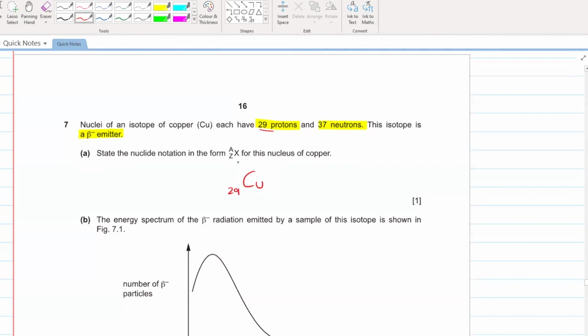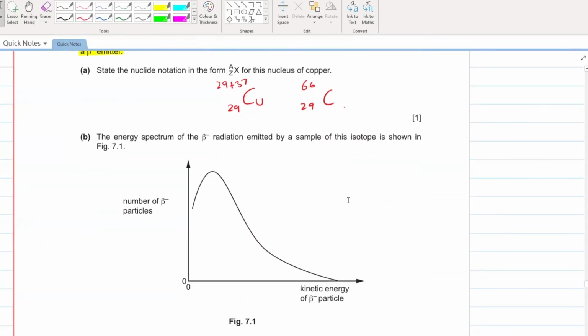What comes on the top side? The protons plus neutrons. 29 plus 37 is 66. So 66 over 29 is your final notation of copper.